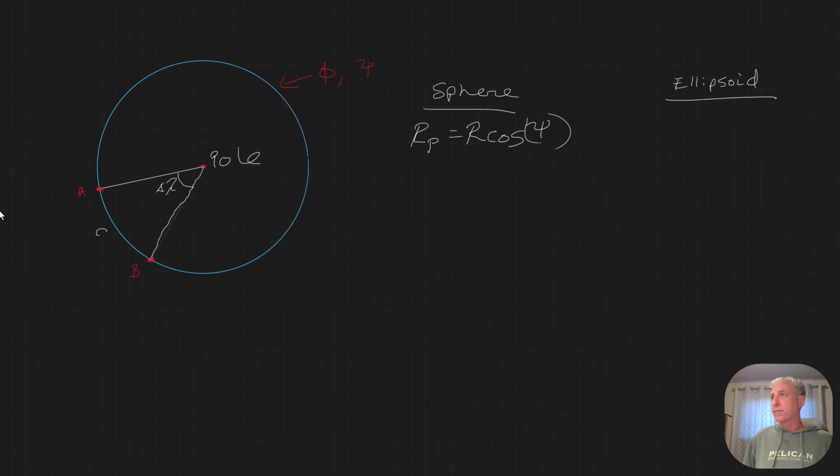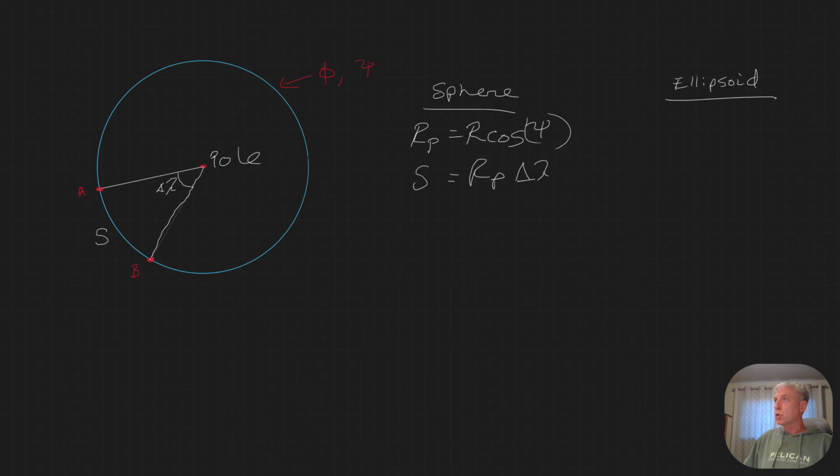And if s is the arc length between A and B, s equals r sub p, the radius of the parallel, times delta lambda. Always working in radians, right?